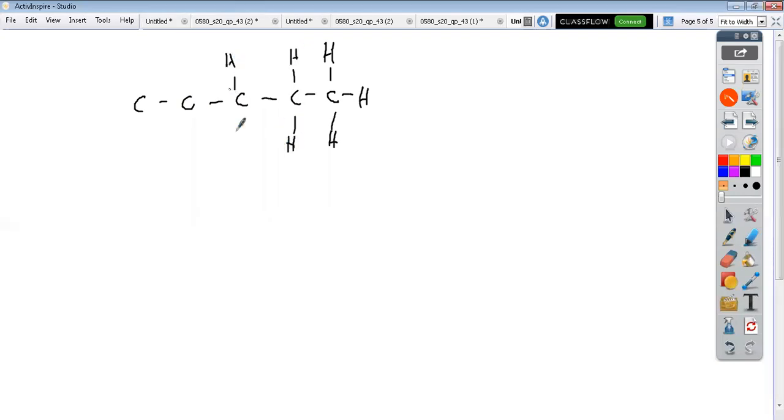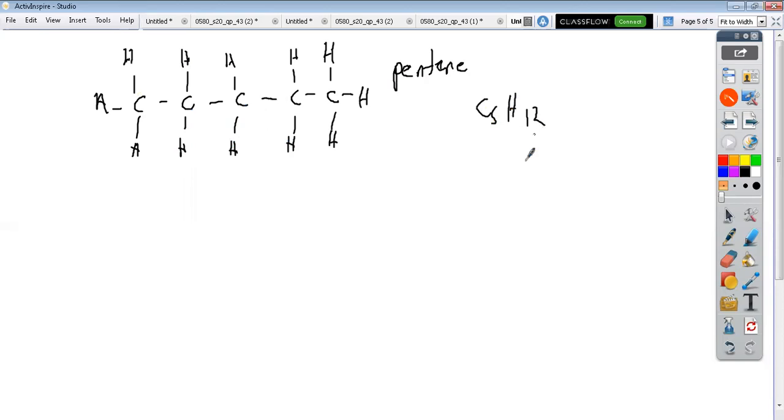So this is your normal pentane. Was it C5H12 in count?